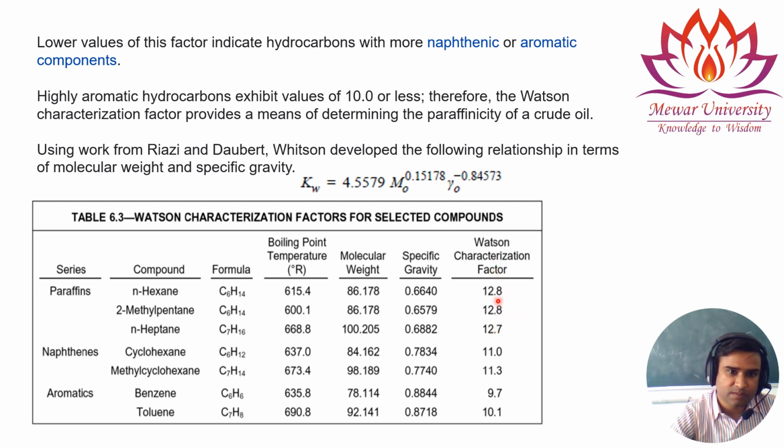So it is 12.8, 12.8, 12.7, greater than 12.5 in paraffins. For naphthenes you can see this is around 11, 11.3, so it is greater than 10, and in aromatics it is around 10, 9.7 or 10.1. It is less than 10 or around 10 in the aromatics.